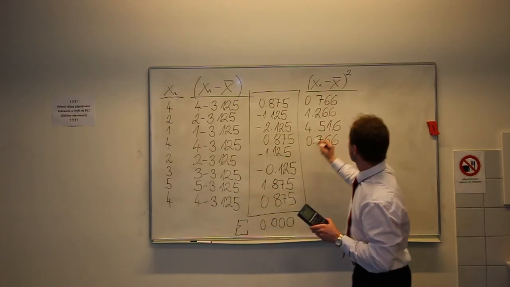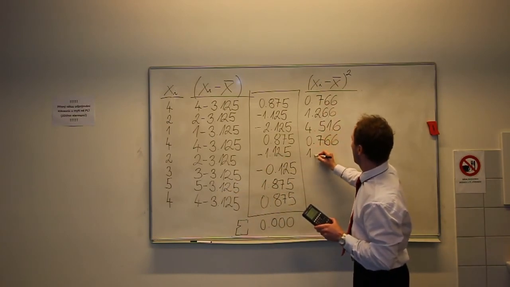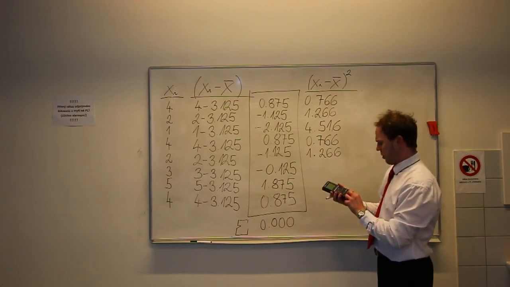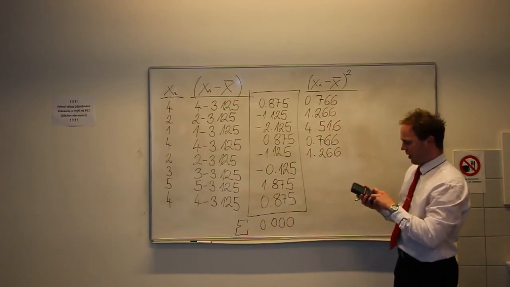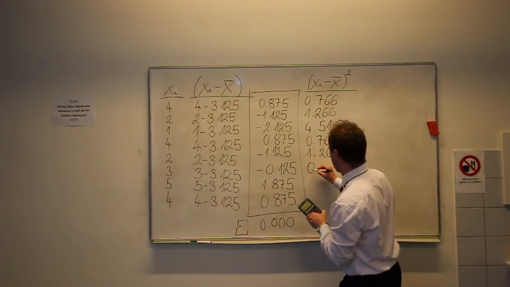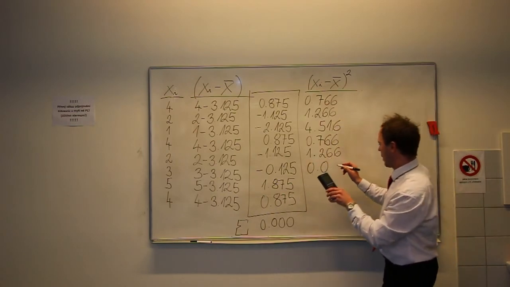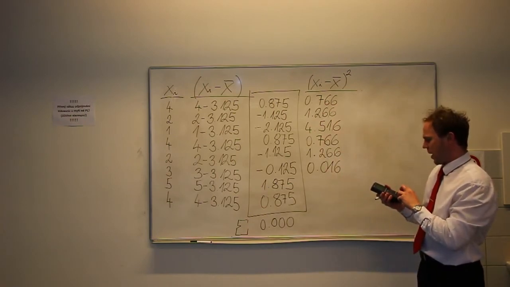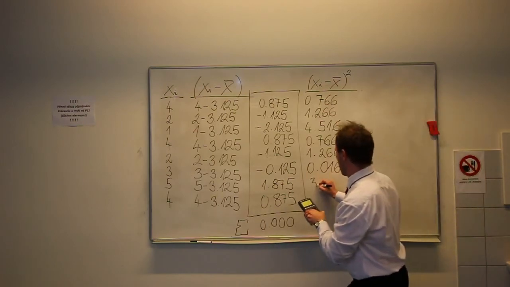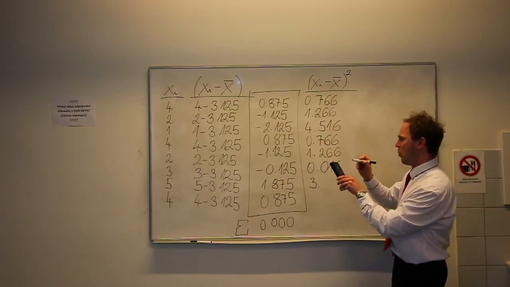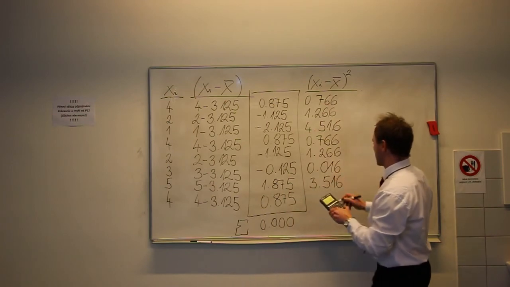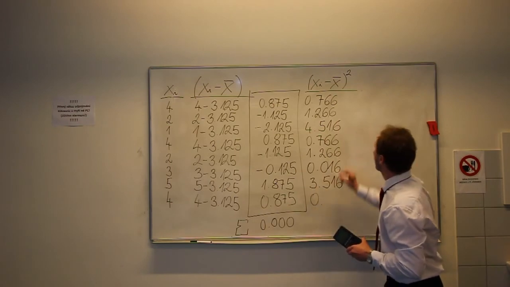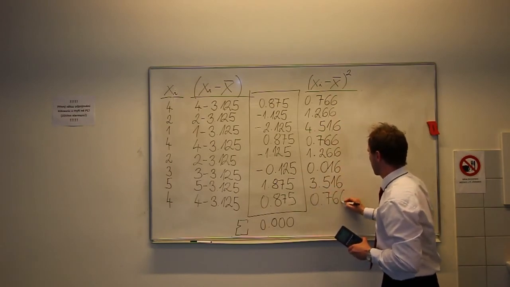We already calculated this, so there will be 1.266. 0.125 squared is 0.016. 1.875 squared is 3.516, and finally 0.875 squared is 0.766.